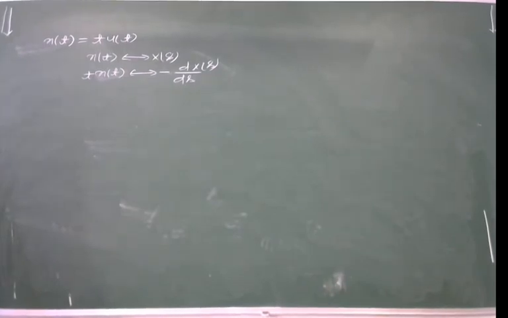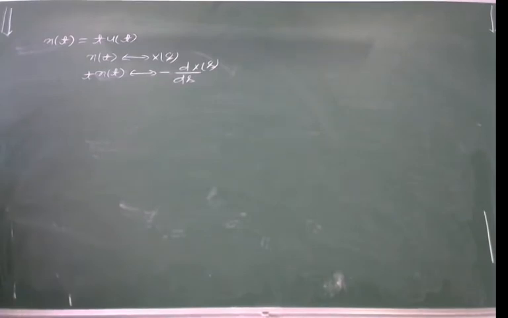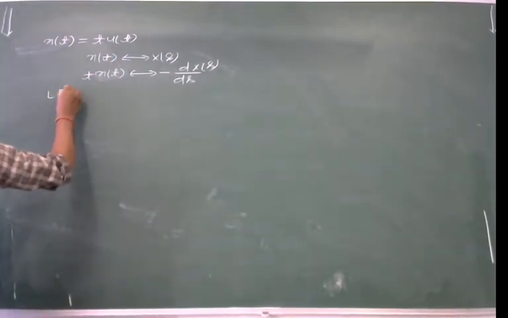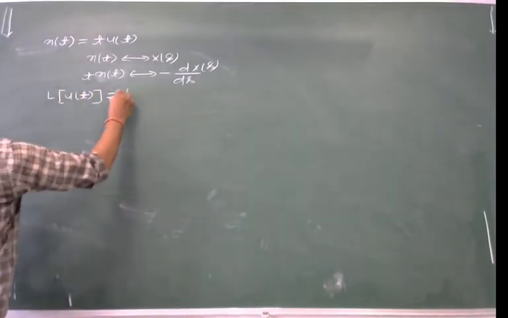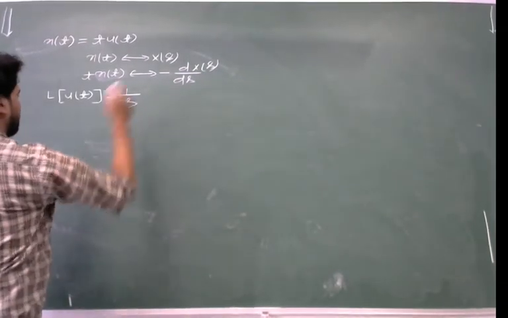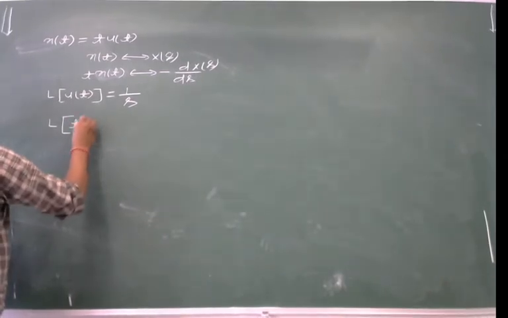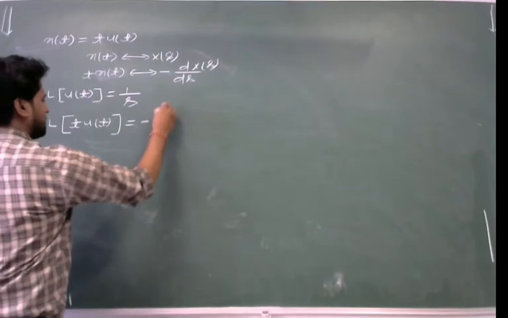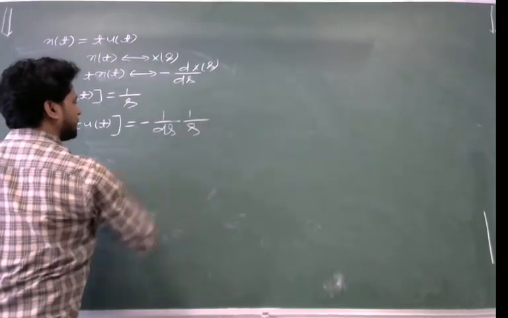So we know that the Laplace transform of u(t) is 1 upon s. Then by using this property, we can say that the Laplace transform of t u(t) will be equal to minus d by ds of 1 by s.